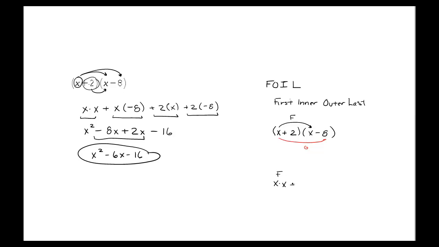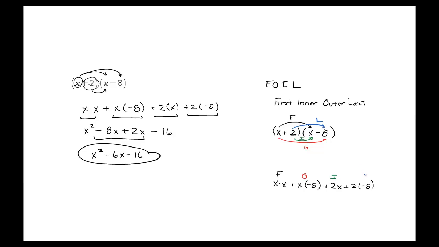Then I have plus x times -8, right? That I said was my outer. And then I have my inner, which is 2 times x. So that's plus 2 times x. And that's my inner. And then I have my last. So I take the last terms of each binomial, so I have plus 2 times negative 8.